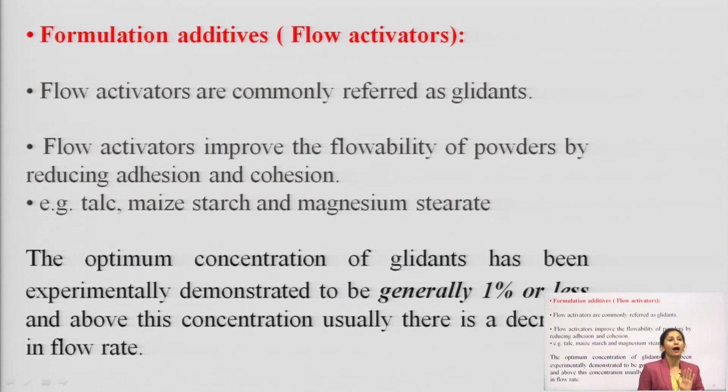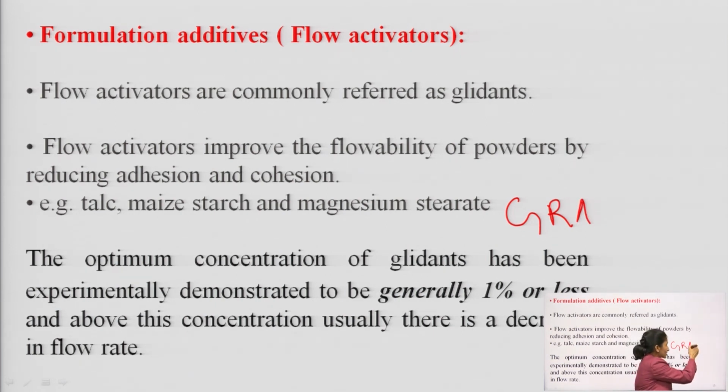So there is a maximum permissible limit for all the GRAS standard excipients, generally regarded as safe. Whatever excipient you are using in pharmaceuticals, these are GRAS standard. GRAS is known as generally regarded as safe.